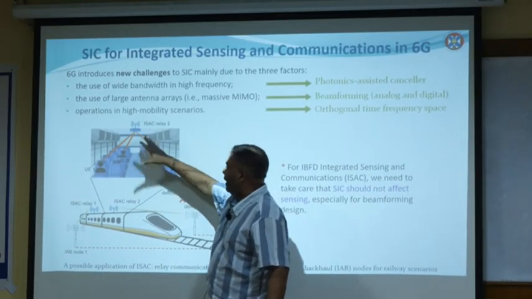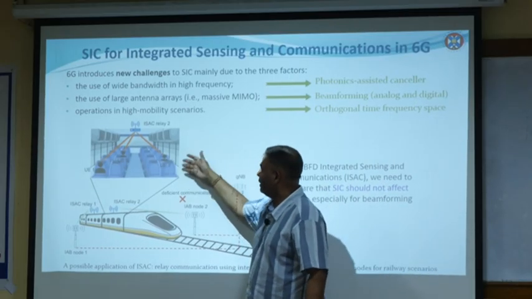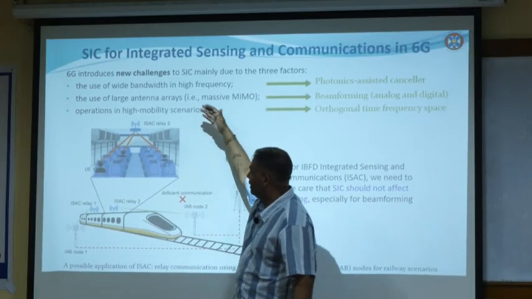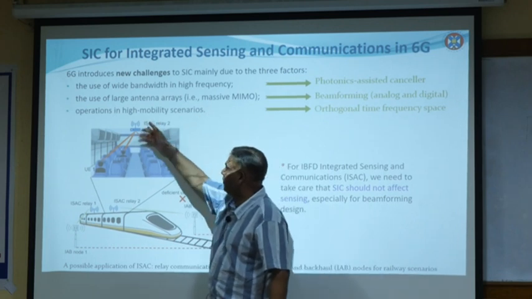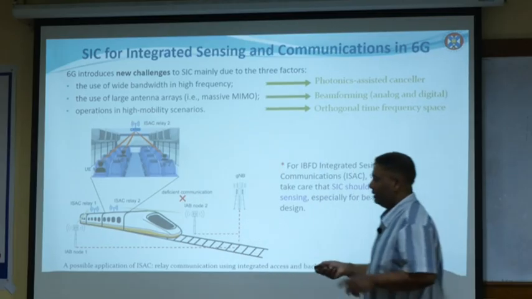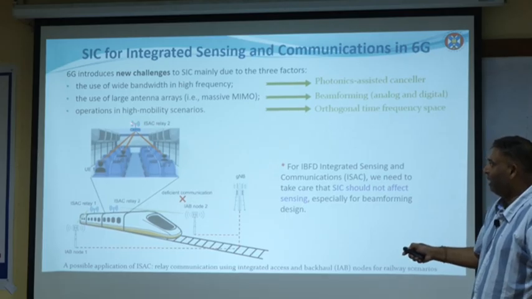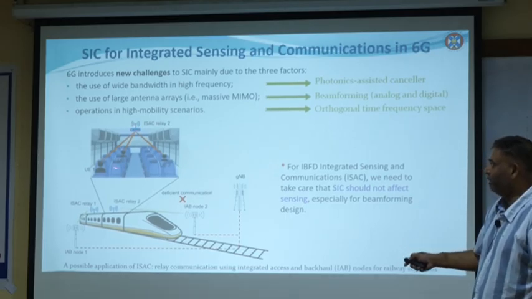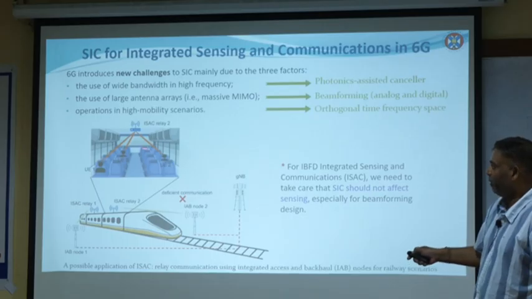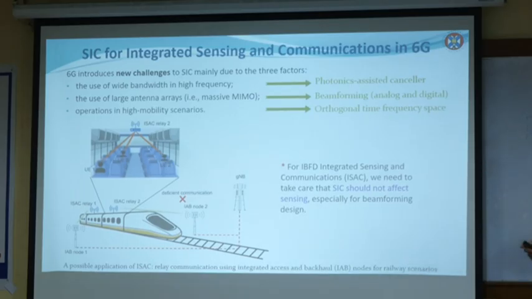It is going to move with the train when the train is moving. There is a donor or base station that will give access to this IAB node through a wireless link, and then this access point will serve the users inside. This is a scenario for a mobile IAB network.